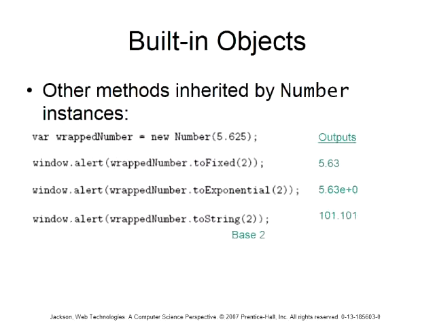So this is an object, and this object represents the number 5.625. After that, we can use a method like toFixed, for example, to get this output 5.63, or the second method toExponential to find this result, etc.